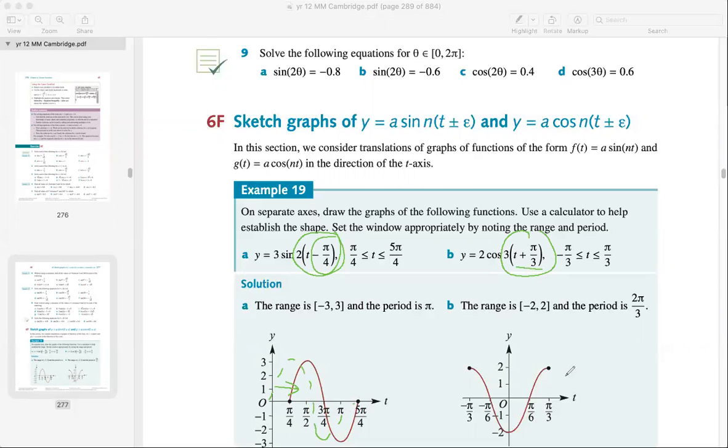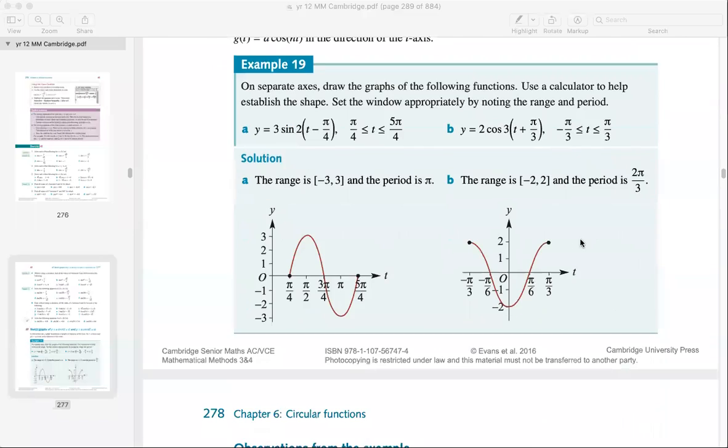And if it's plus, it's moving to the left. Again, let me emphasize, if I can keep my x, or in such a case my t, with 1 times t in front, then I can move to the right for the first one, and for b, I can move to the left.